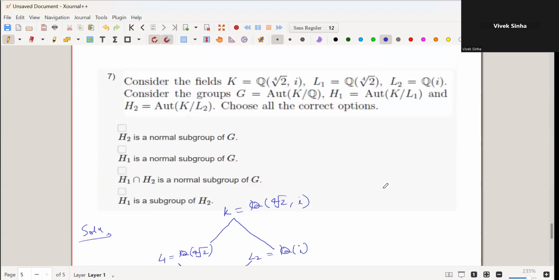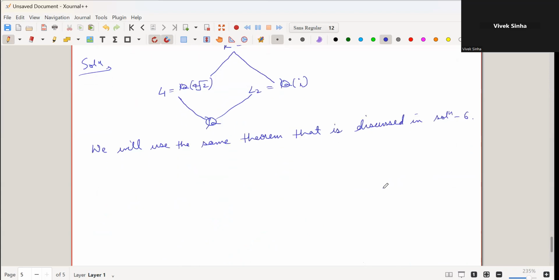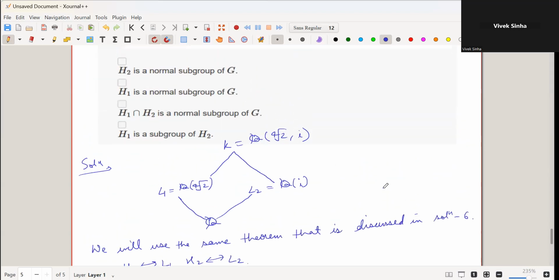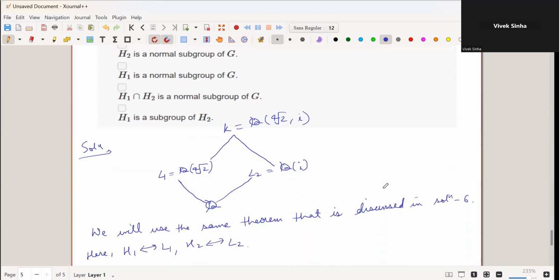Here also the correspondence is there, right? H1 corresponds to the extension K over L1, right? Here, H1 will correspond to L1 and H2 will correspond to L2 under the Galois correspondence, right? So we have to choose. So H2 is a normal subgroup.